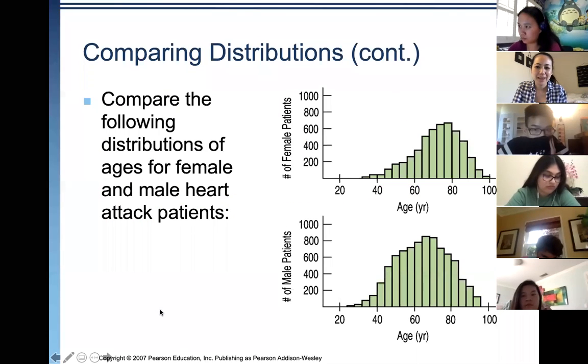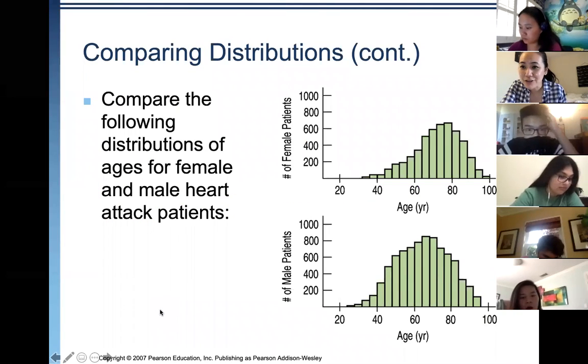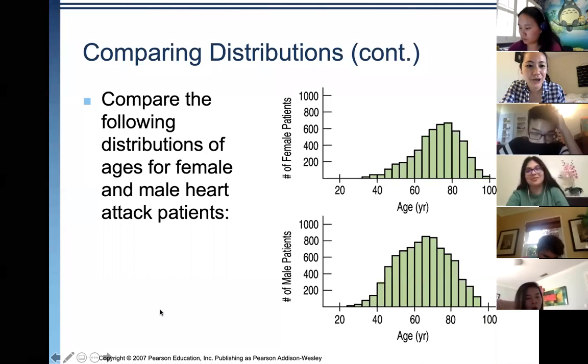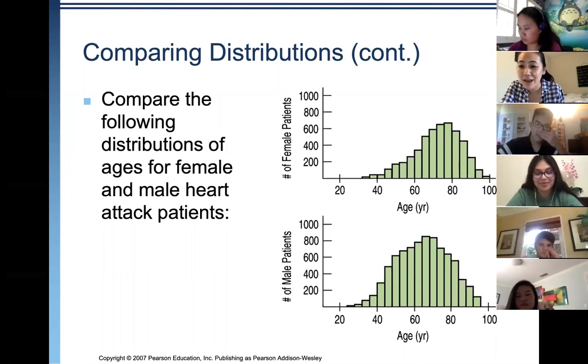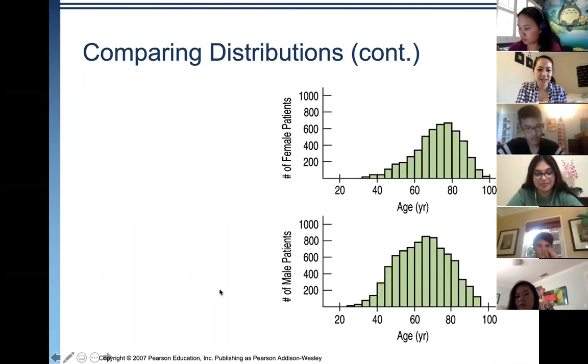So here we go. Some examples, how to describe these histograms. So we're going to compare the following distributions for female and male heart attack patients. I'm going to do the top one, and I'm going to have you guys practice with the second one. Okay? All right, so this is how it is done. And let me make my font smaller so as not to scare you.